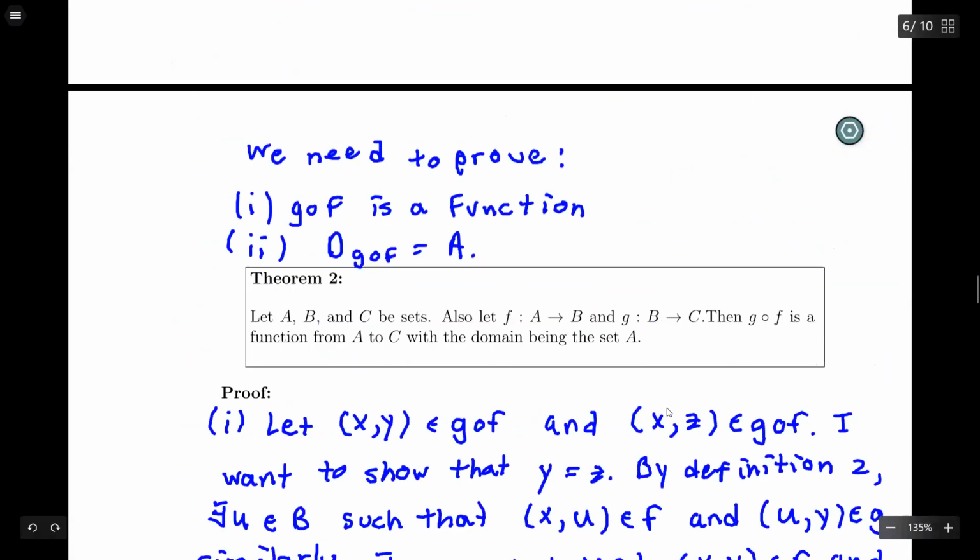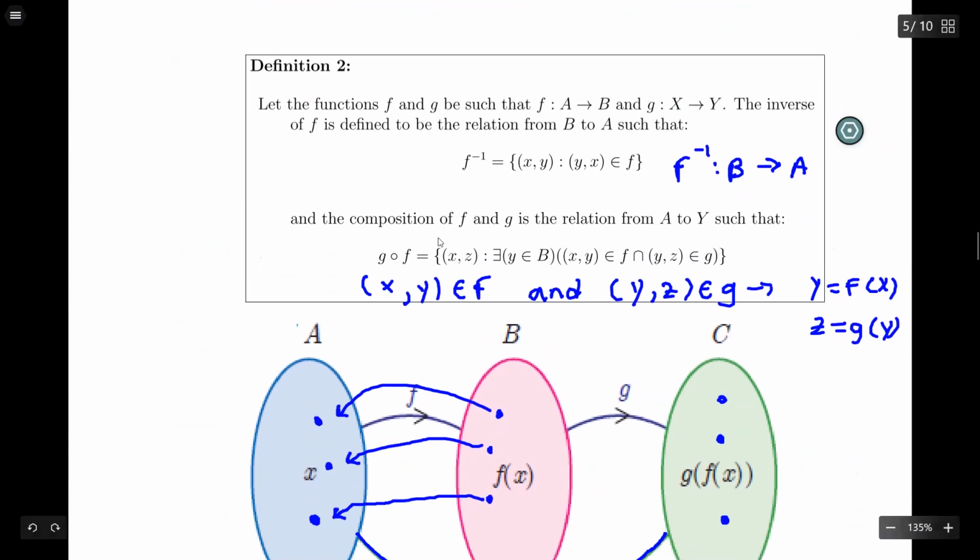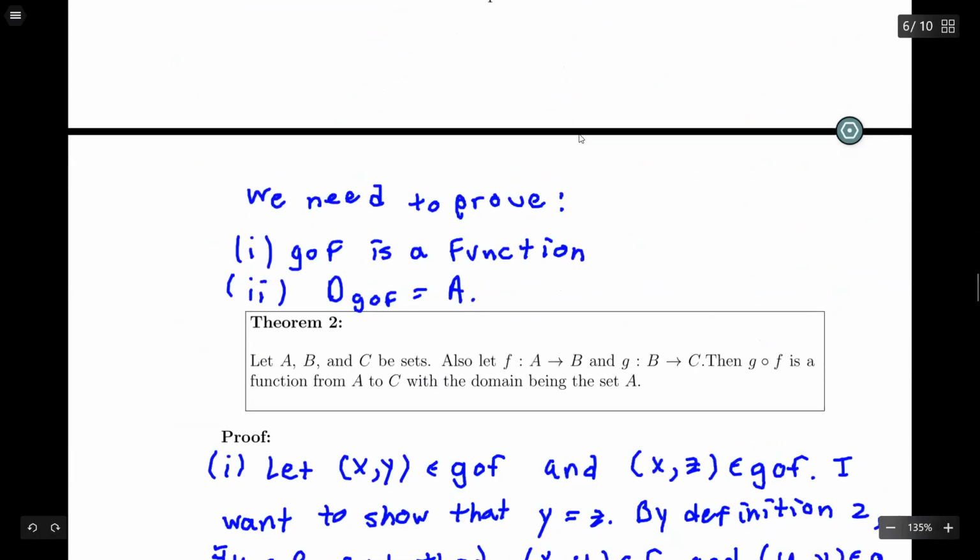So let's go up real quick. We said, okay, if (x, y) is in f, then (y, x) would be in the inverse of f. And then if we take the composition, what we would end up getting is just a pair (x, x).